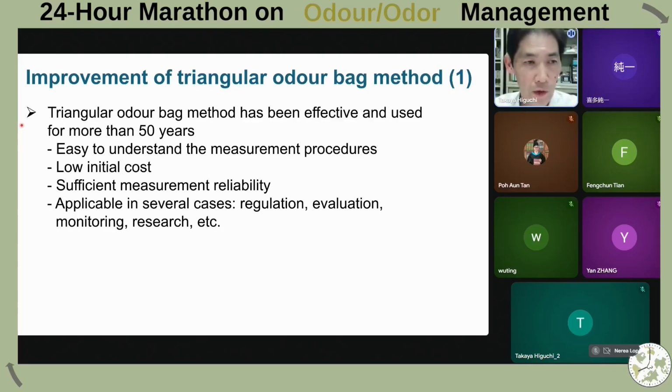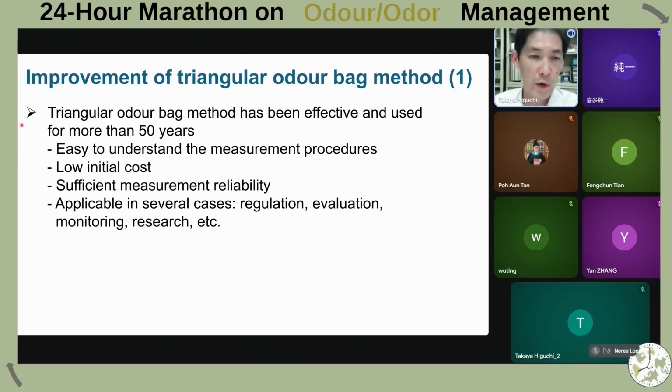Because this method is very easy to understand in its measurement procedures, it takes low initial cost, and by using this method, we can obtain a sufficient measurement reliability. And also, we can apply this method to several sources or several purposes.